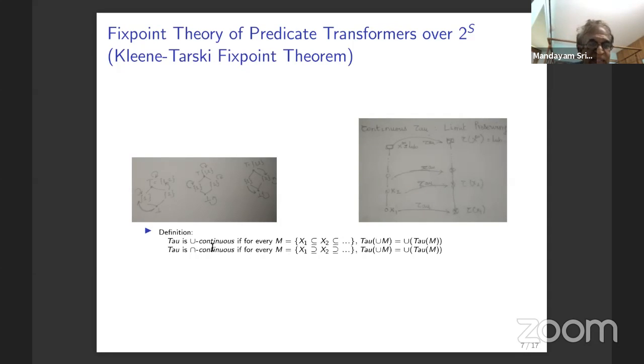Tau is said to be continuous if it preserves limits of chains, ascending or descending.